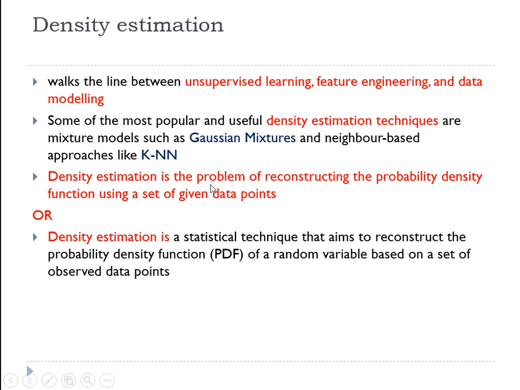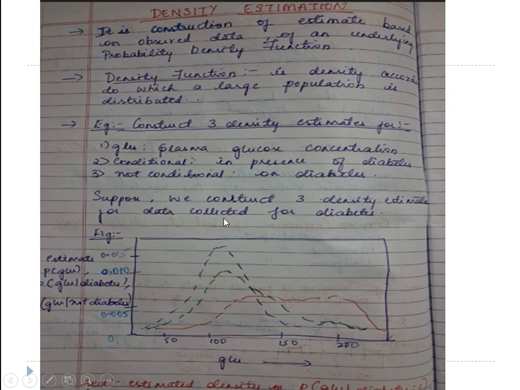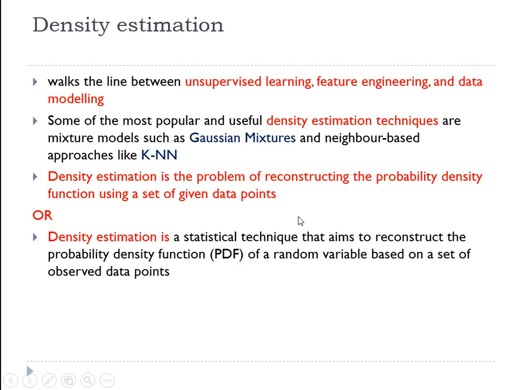In order to make you understand this definition, I gave you this example, which is actually not there in the textbook according to your syllabus. I hope this definition is now clear, where in the example I showed you how we can reconstruct the PDF for a random variable based on a set of observed data points.